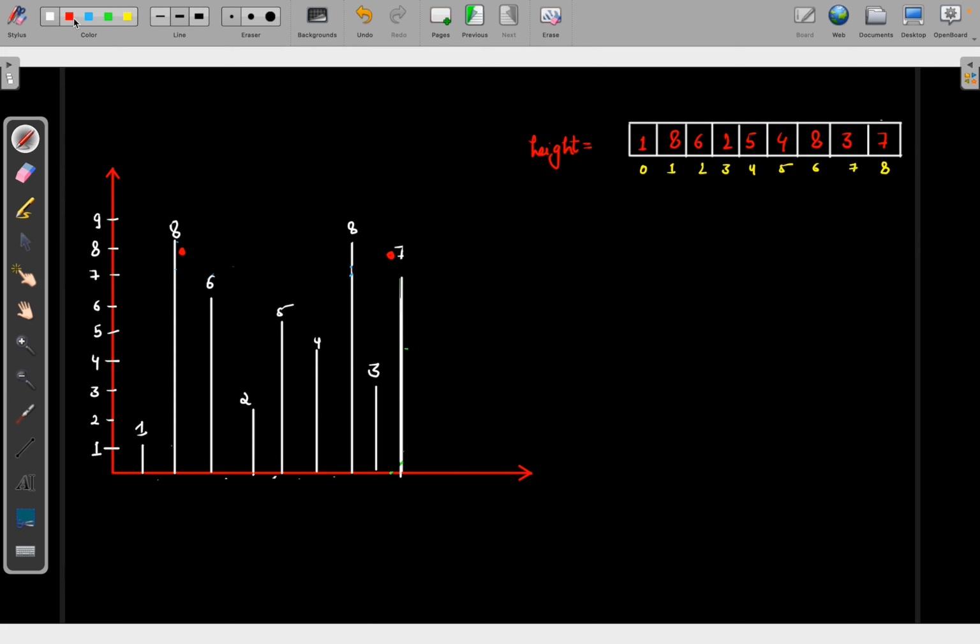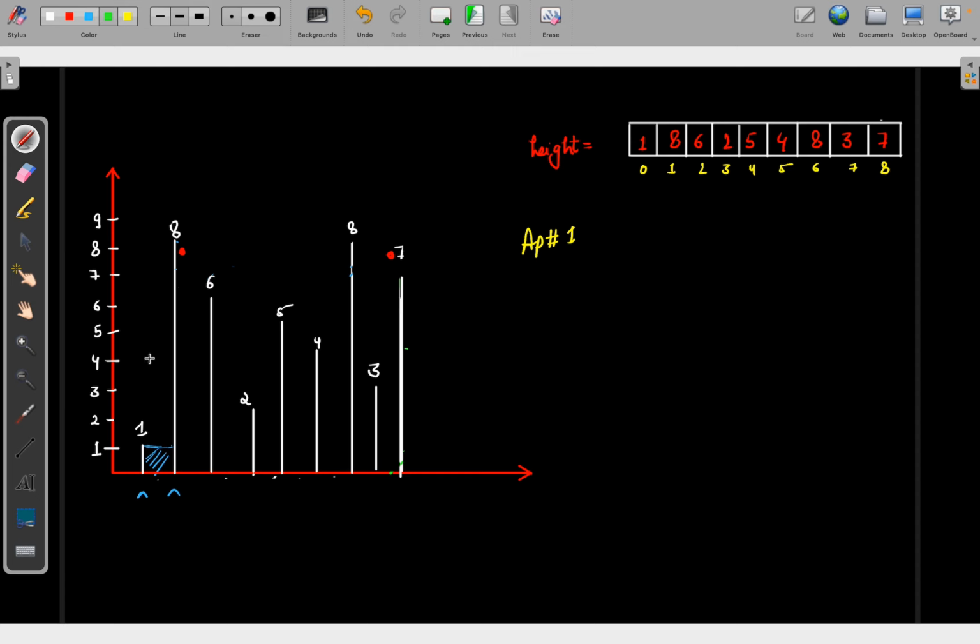One of the approaches that can come to anyone's mind is the brute force approach: we will find out all the possible containers. Suppose I am taking this height, so what will be the possible container? This will be my possible container, so I will calculate the water.